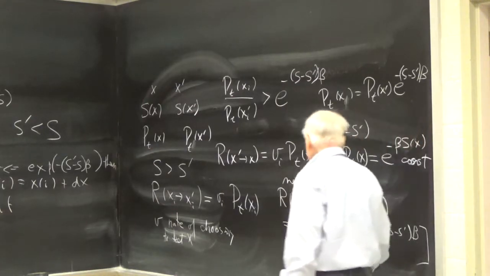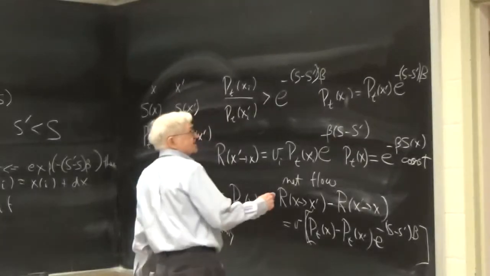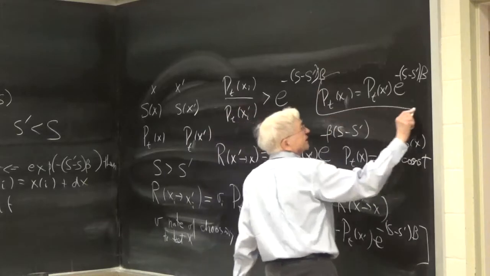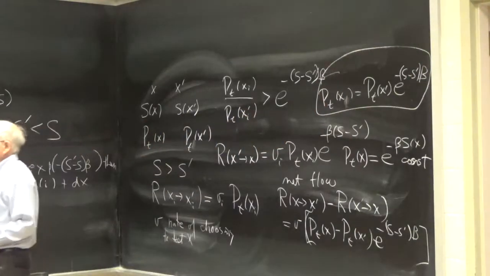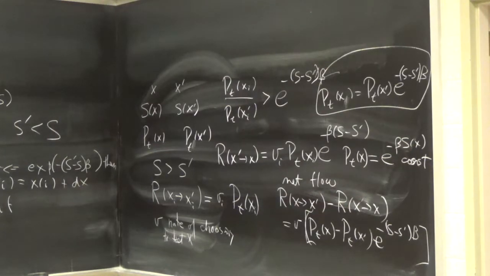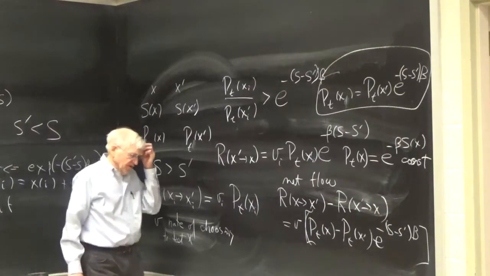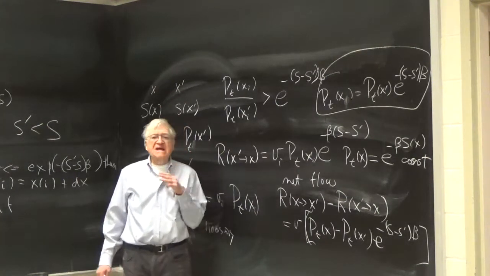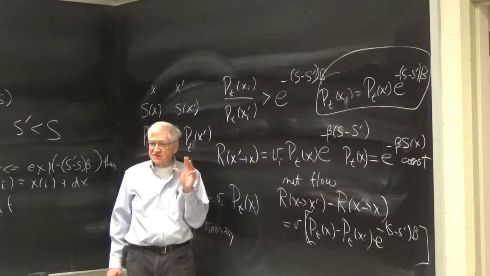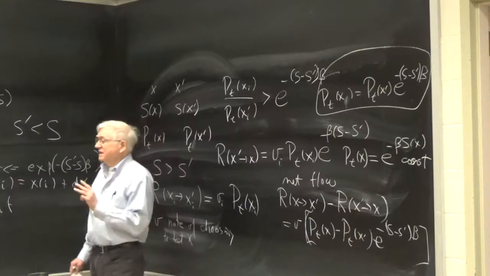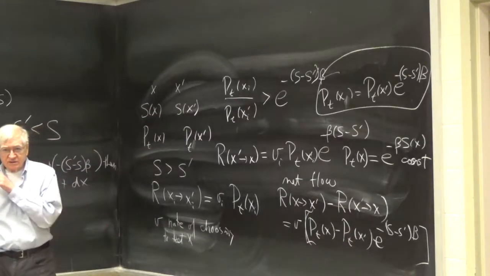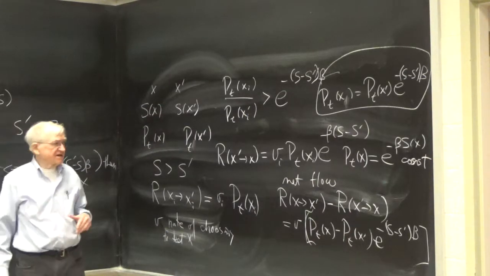Okay, so this is the demonstration of why the Metropolis step works. There are generalizations and tweaks that you can make of the Metropolis step, and they're useful, but you don't need to tweak it. Now, here's one of the things that I really like about this way of doing calculations.